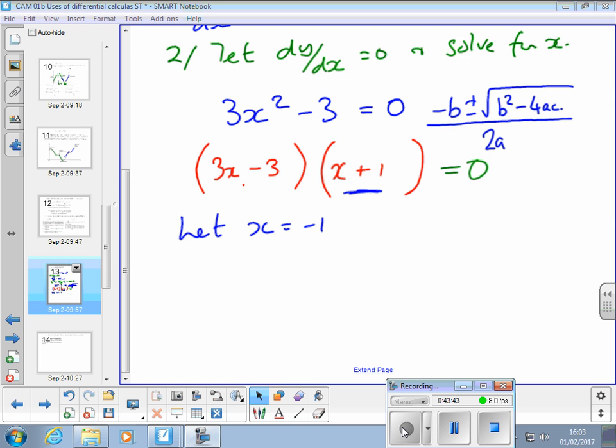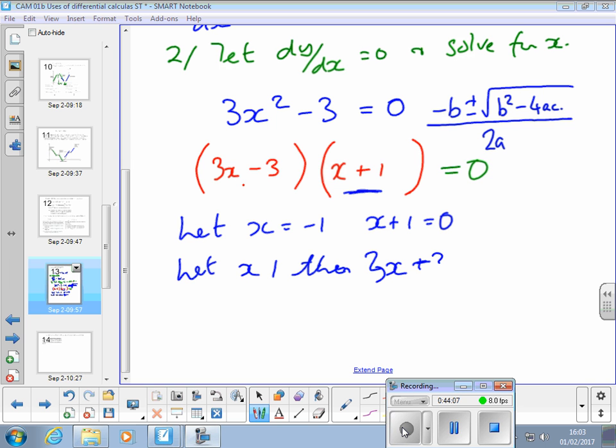What if I let x equal 0? Two options in that particular case.